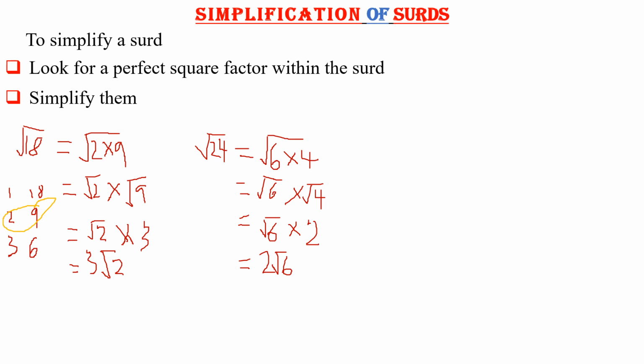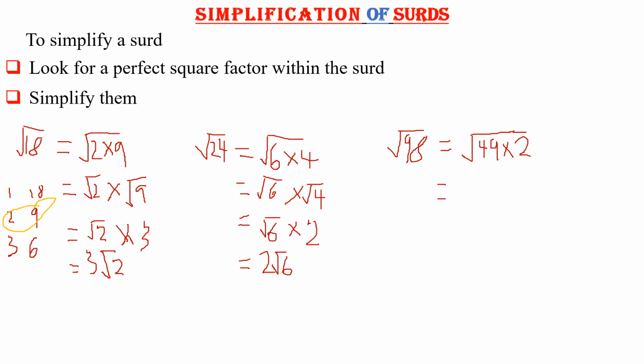Let's look at the third example. The square root of 98. Okay, the square root of 98. Now, the two numbers to which one is a perfect square are 49 and 2. These numbers, when multiplied, will give us 98.